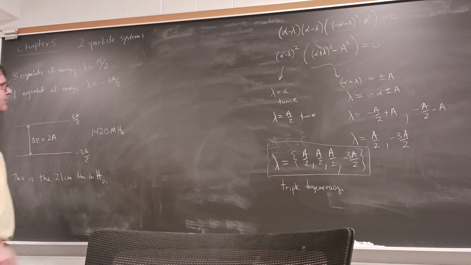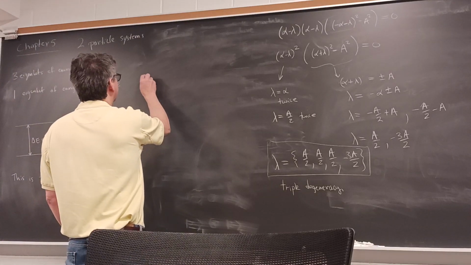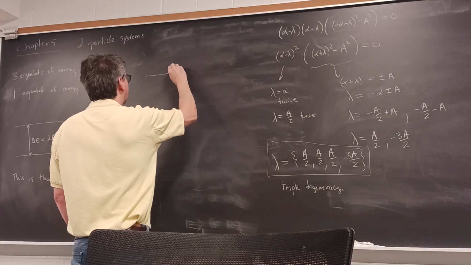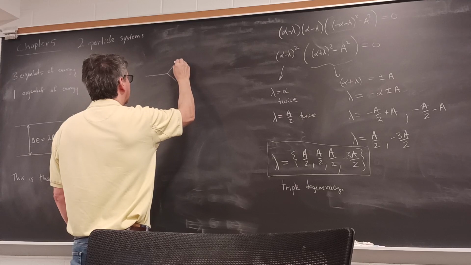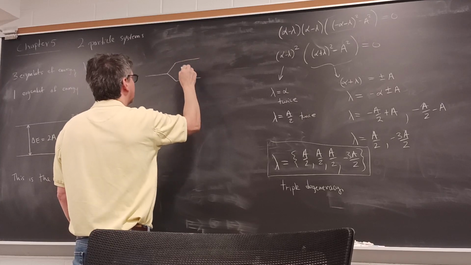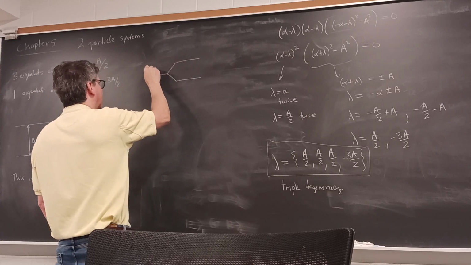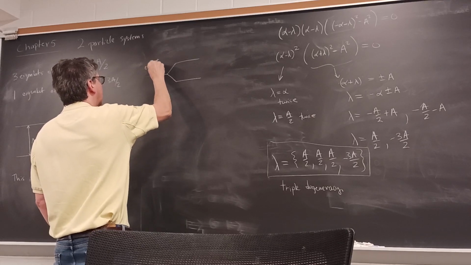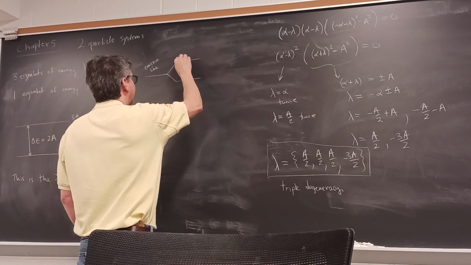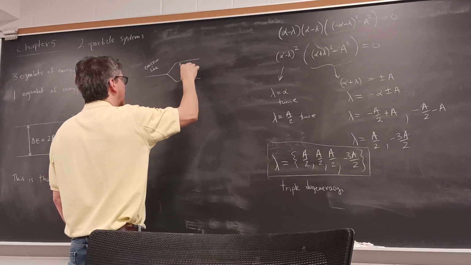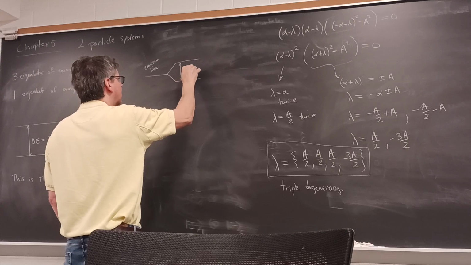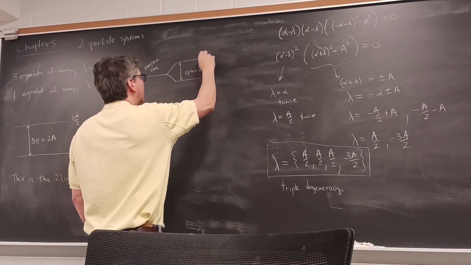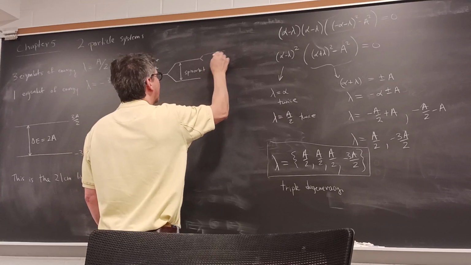Okay, so if you looked at the hydrogen line, if this were any emission line, you'll have a splitting here that's due to the spin orbit. And then on top of that, you'll have more splitting.